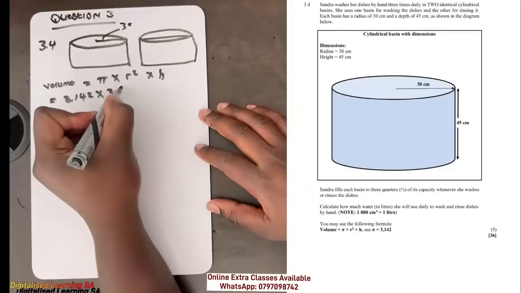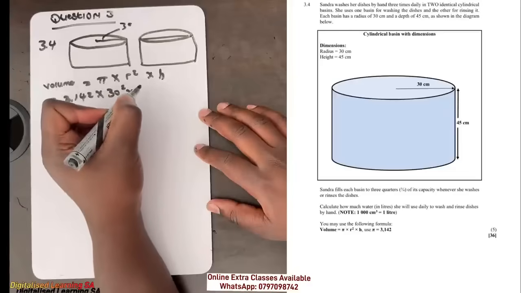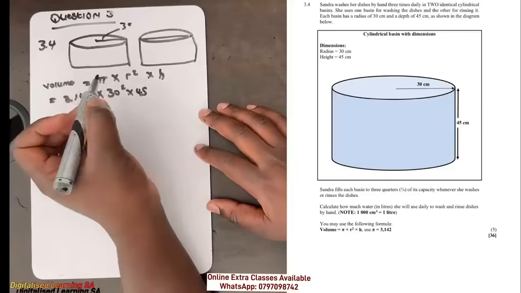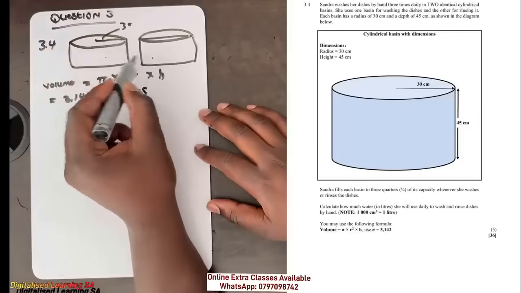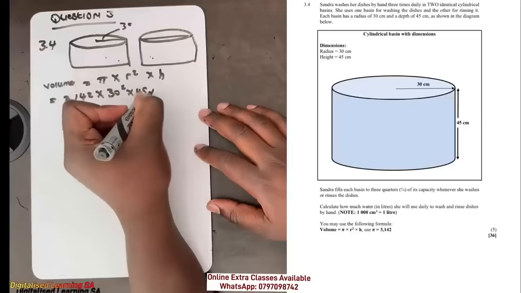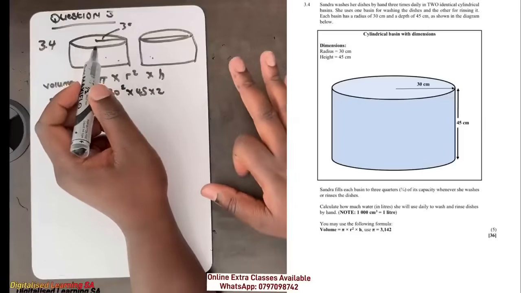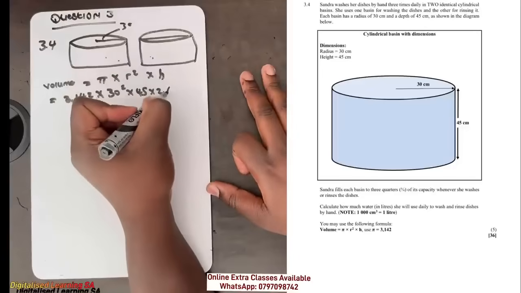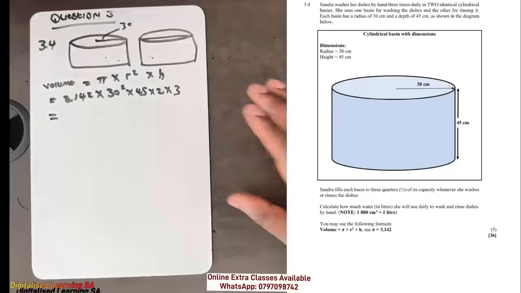So it's 30 to the power 2 multiplied by our height, which is 45. And remember, guys, she is using 2 basins, meaning that we need to multiply by 2, and she washes the dishes 3 times a day, meaning that we need to also multiply by 3, and then now we can calculate our answer.